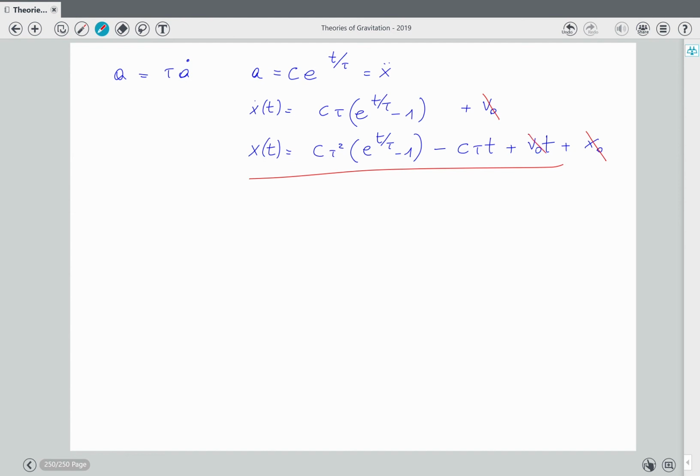But for non-zero t, it goes exponentially to infinity. Okay, so these runaway solutions are the classical analog of the ghosts. There are other things but typically these are extra solutions that you do not want.